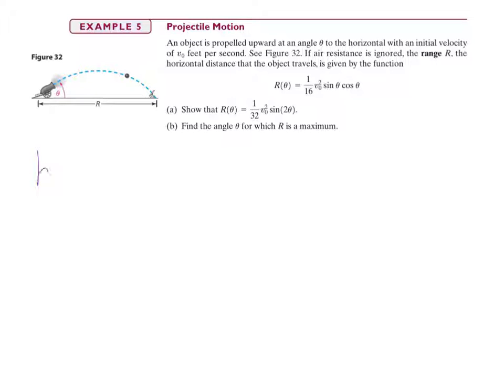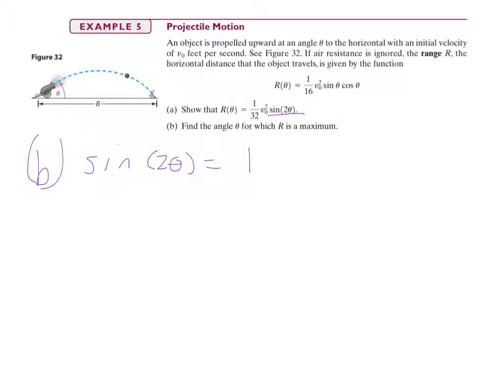Now for part B, it says show the angle for which r is a maximum. Now we know that our trig function, sine, is at a maximum when our sine is equal to 1. Because remember, the sine value alternates between 1 and negative 1. So we know that our value for sine has to be equal to 1.